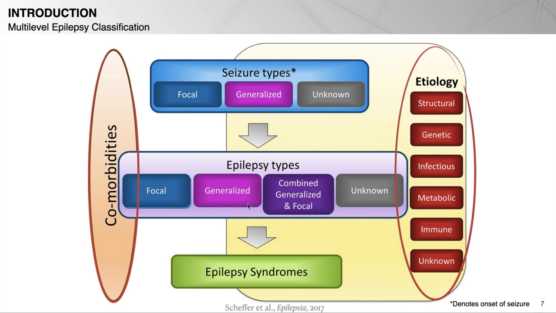The etiology groups that have been recognized are the structural, genetic, infectious, metabolic, immune, as well as unknown group. For the comorbidities, it includes, among others, learning difficulties, intellectual disability, psychiatric features such as autism spectrum disorders, and mortality risk.